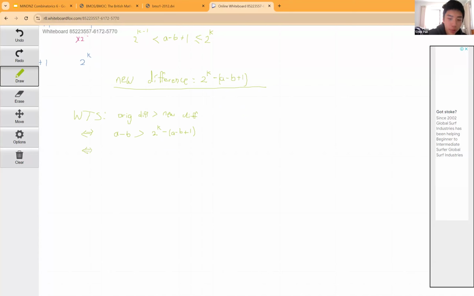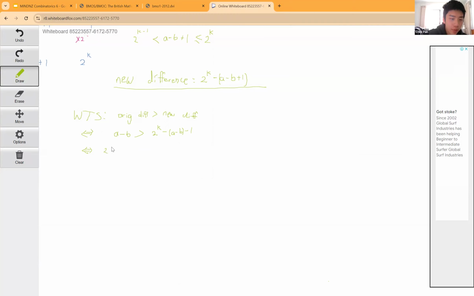Okay, let's rearrange this a little bit. If we rearrange this, we see that this is the same as, I guess we can take this out as a minus 1 at the end. Let's move this a minus b to the other side.